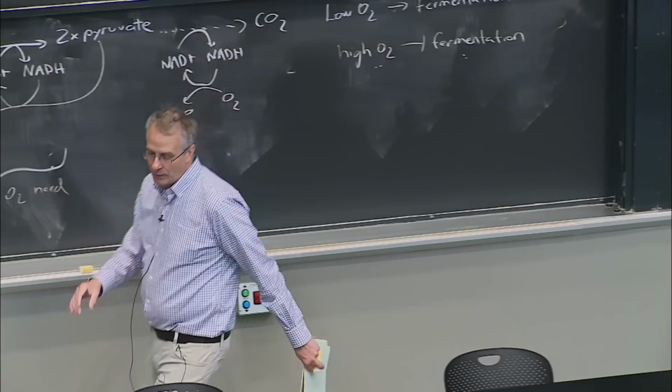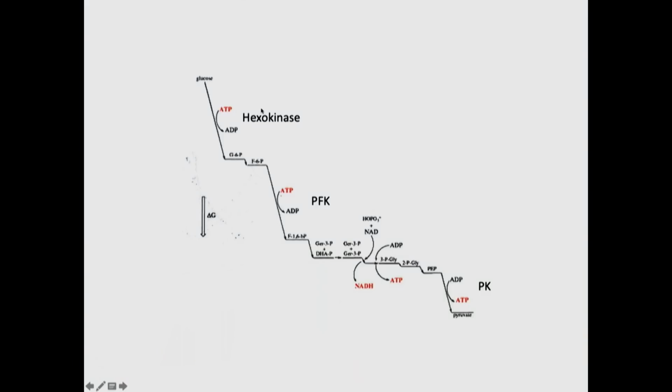Now, I also want to point out that these steps actually are in interesting places in glycolysis. So this is basically entry into the pathway, and this is exit from the pathway. And this makes sense too. You don't want to start committing carbon into a pathway unless you're actually going to need it.